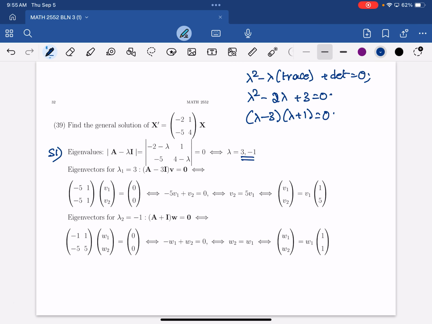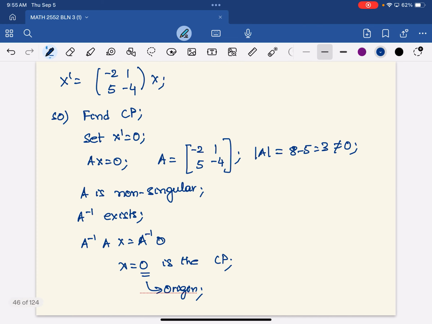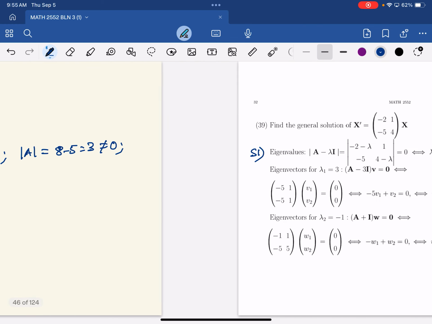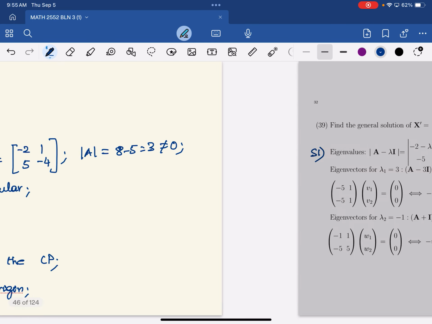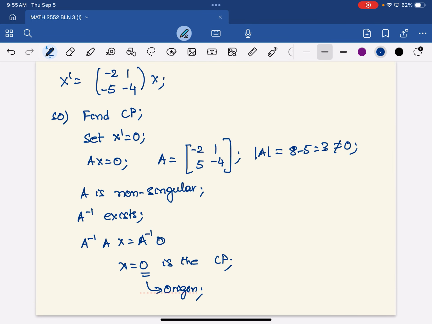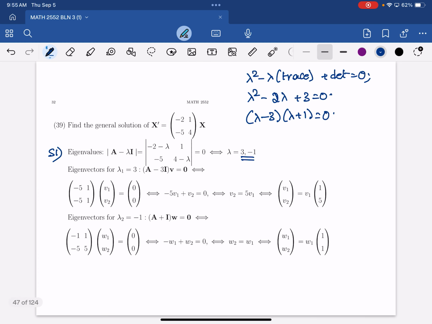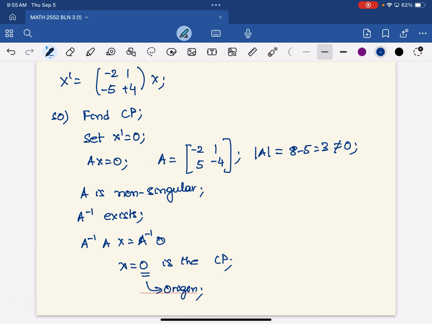The matrix is negative 2, 1, negative 5, and positive 4. So the determinant is negative 8 plus 5, which is negative 3.